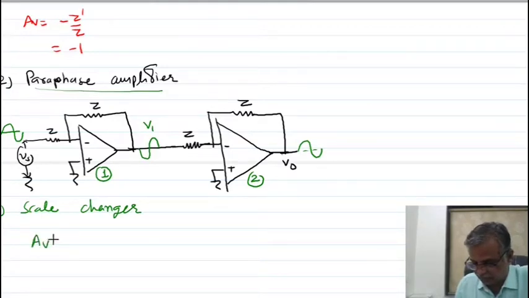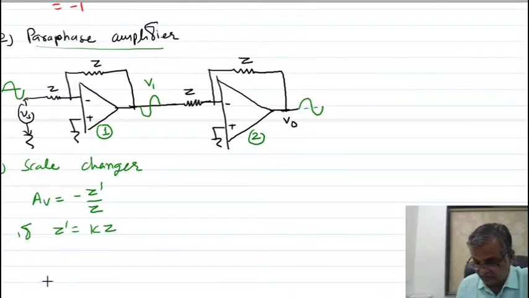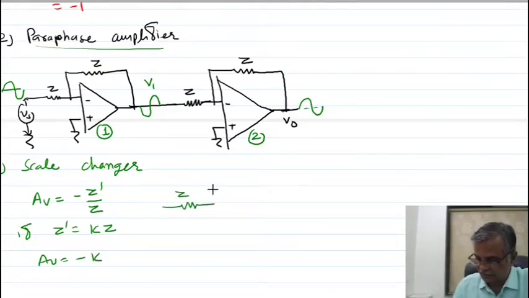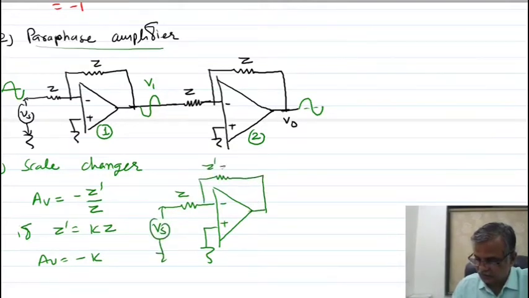The gain of the ideal inverting amplifier is given by minus Zs by Z. If Zs is equal to Kz, then your gain is nothing but minus K. Means this is your Z, this is your ground, this is your Vs input signal, and in the feedback I have taken Kz. Then my output is nothing but minus K into input.